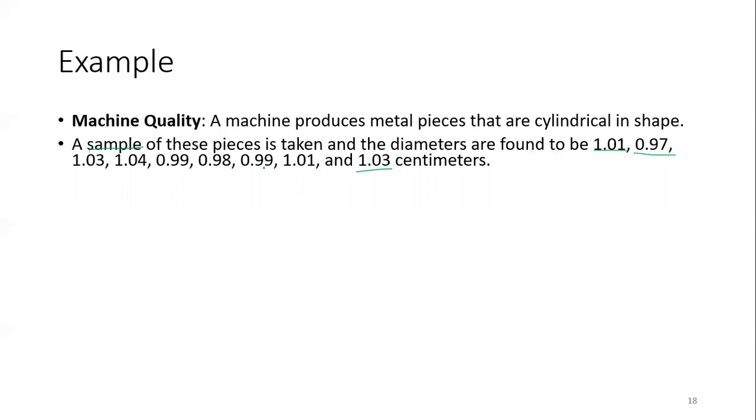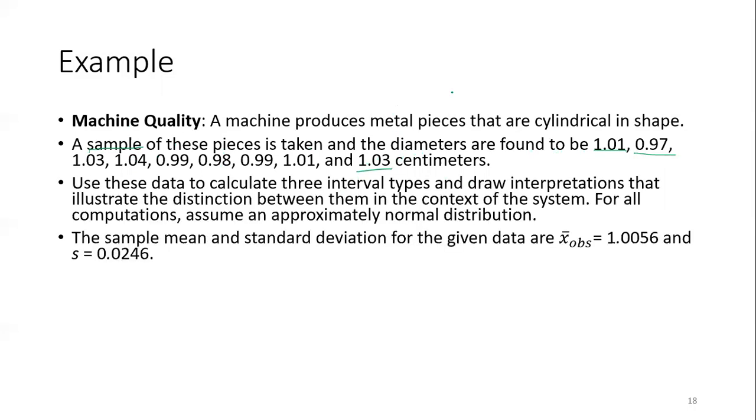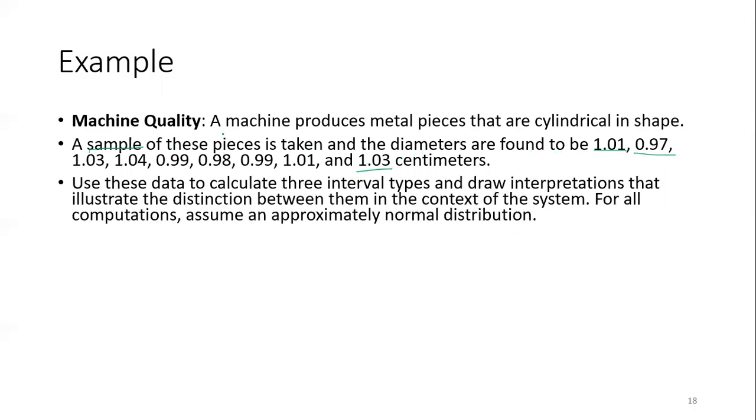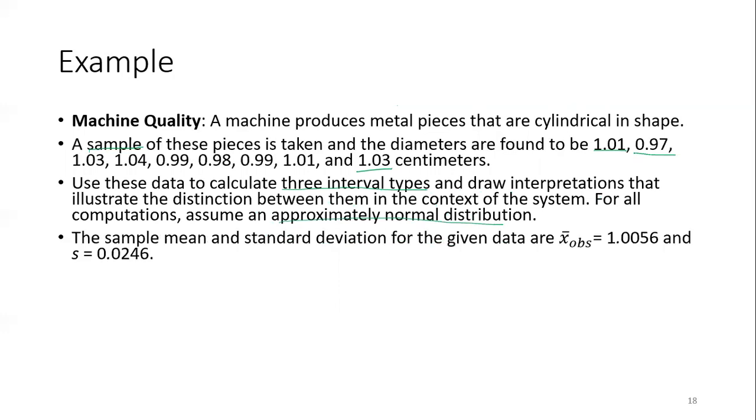So you have 9 samples. You will use the data to calculate three interval types and draw interpretations that illustrate the distinction between them. For all computations, we will assume that the diameters of the cylinders are normally distributed.